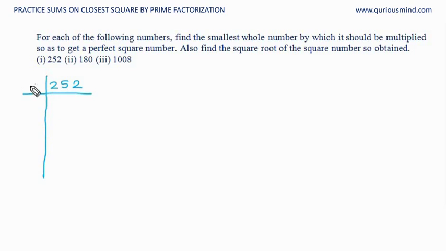So we see this is an even number, so we'll use 2 as the prime factor. Now this is not an even number, so we'll see the next prime factor 3. Is it a factor? Yes, 6 plus 3 is 9, so 3 is a factor. 3 is still a factor.